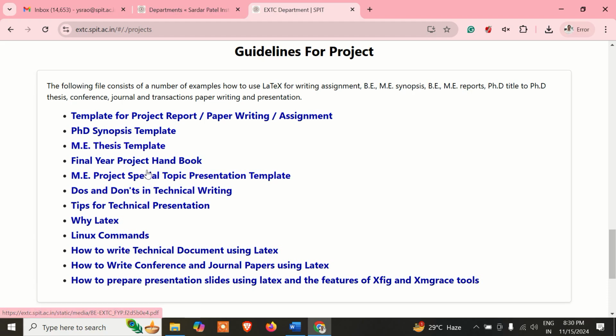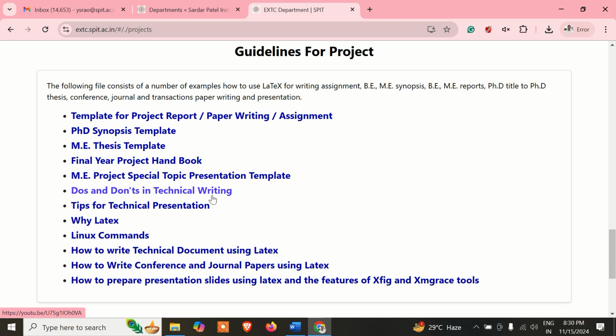We have provided the templates for UG to PG, right from the title proposal to the synopsis and the thesis or the dissertation for PG students, or for BTech students, a project report. What are the templates one should follow, and how to use LaTeX, which is an open source software for writing these reports. So those templates are provided.